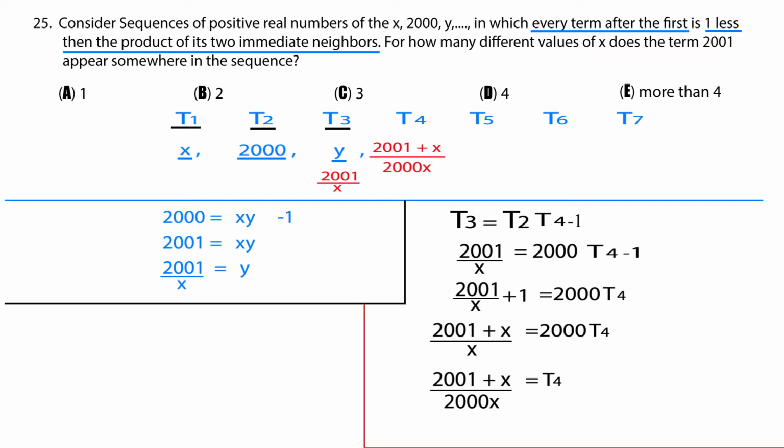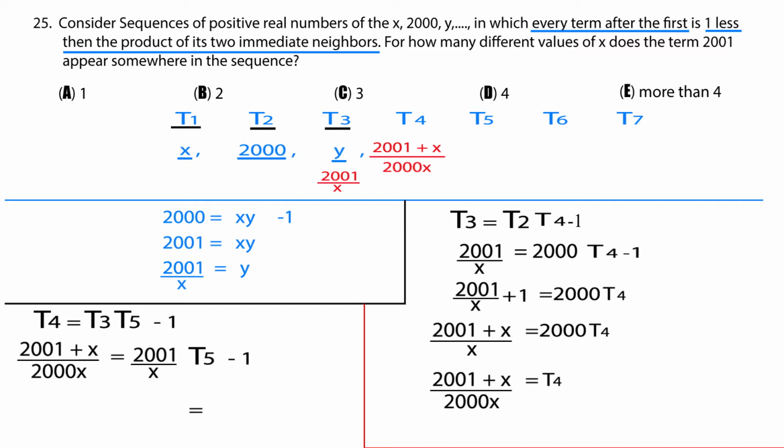The next one we are going to figure out is T5. So T4 is equal to T3 times T5 minus 1. T4, 2001 plus x over 2000x, is equal to T3, which is 2001 over x, times T5 minus 1.